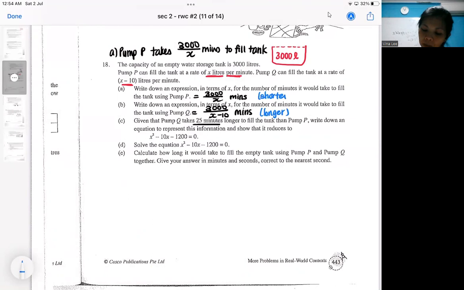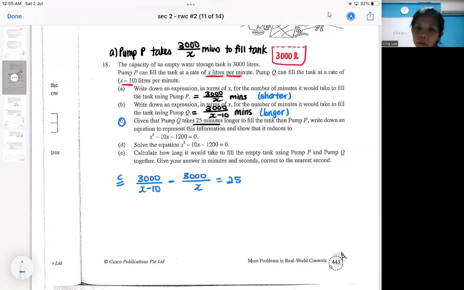Pump P takes a shorter time, which means pump P is actually faster. So you take the bigger fraction to subtract the smaller fraction, and that will be 25.